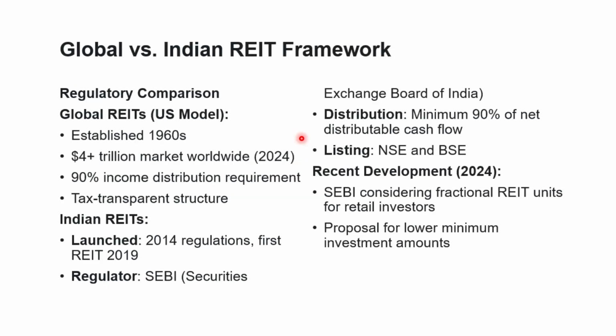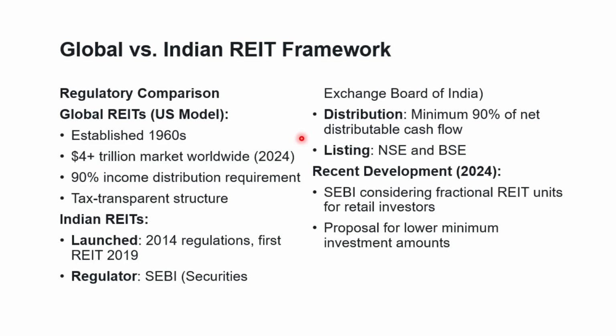Then global versus Indian REIT framework. I have briefly touched upon this area: REIT started in 1960, and there has been a lot of progress in this area, and in 2014 it started in India. One more requirement of REIT is that 90% of their net distributable cash flow has to be given to investors.